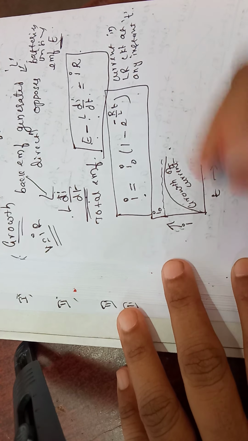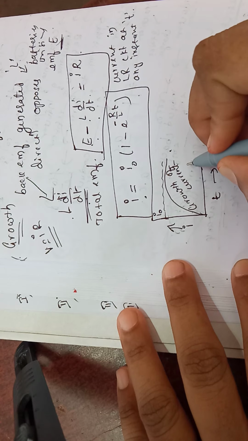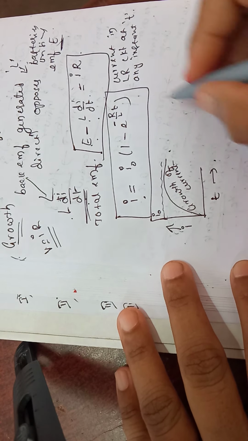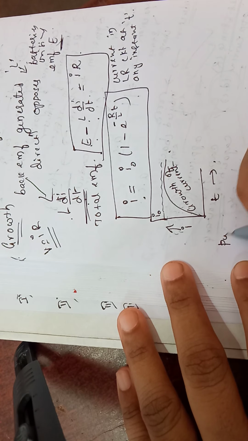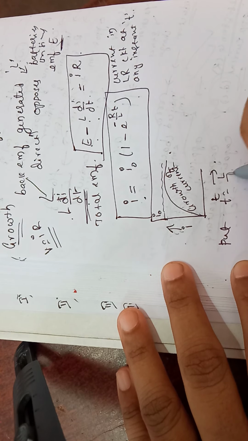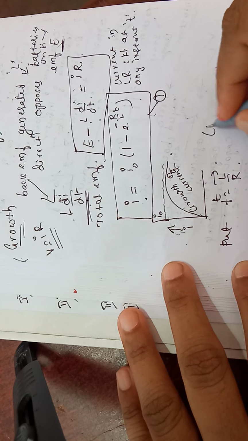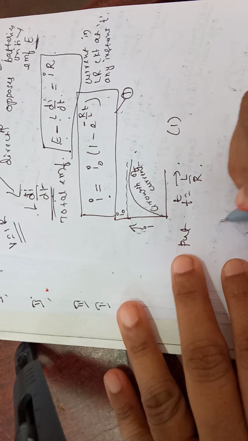Now here let us define the growth of current. Let us put t equal to L by R in equation 1. What happens?